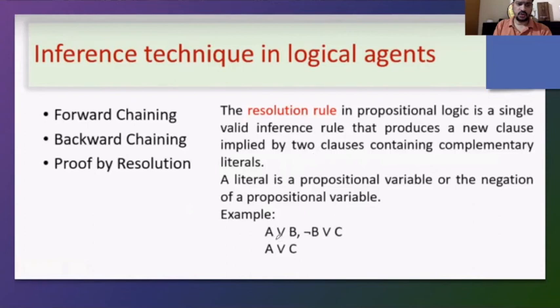If we are getting a disjunctive rule with the complementary literal, you will get another clause. So this is one clause, this is another clause with some complementary literals, and you will get another clause. A literal is a propositional variable or the negation of a propositional variable. So you have this propositional variable and the negation of it, and you'll get this other clause.